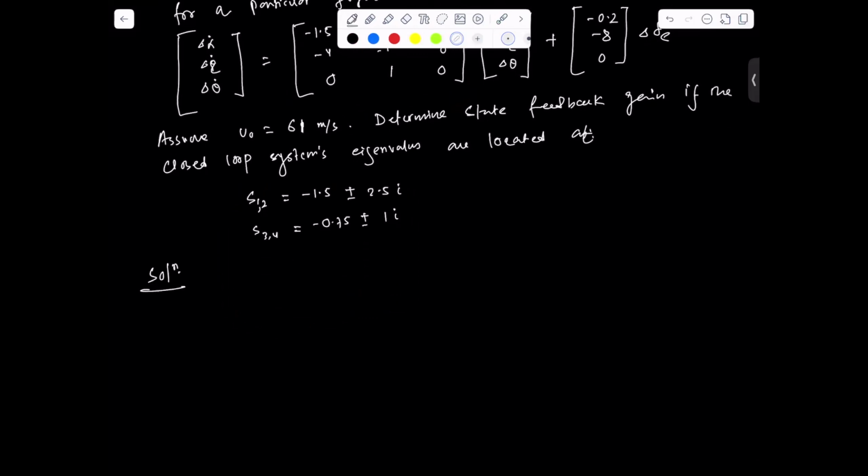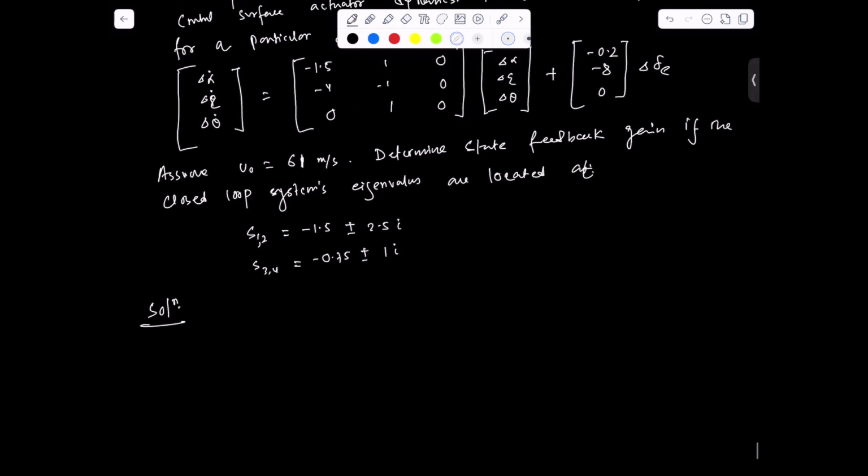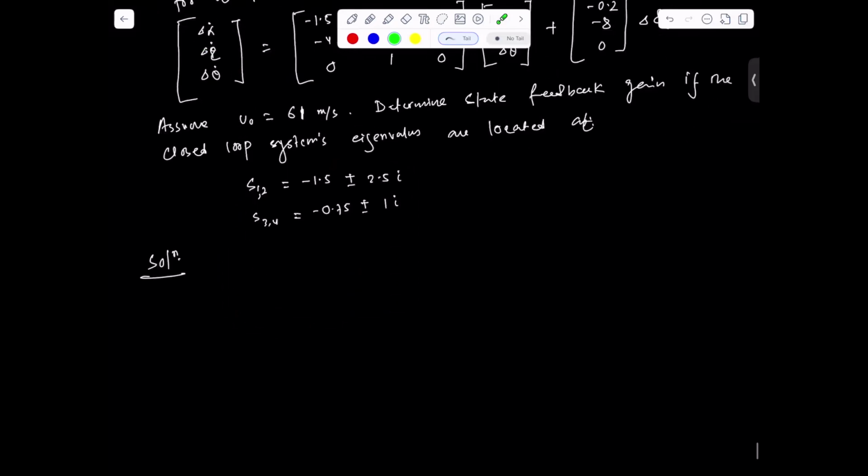Let's first write the state space form, including the altitude dynamics. If you notice, in this model we don't have the altitude parameter.